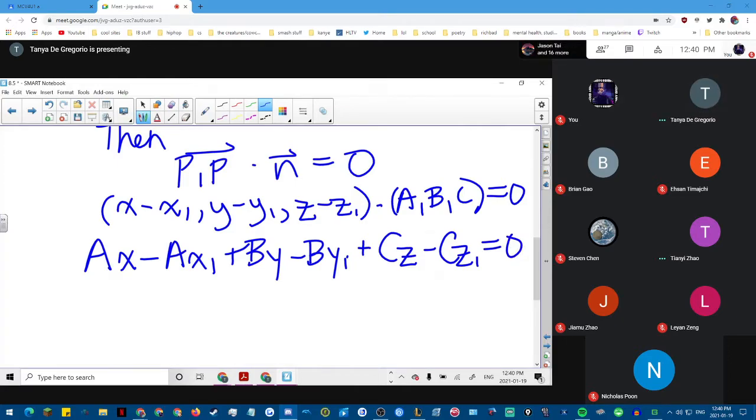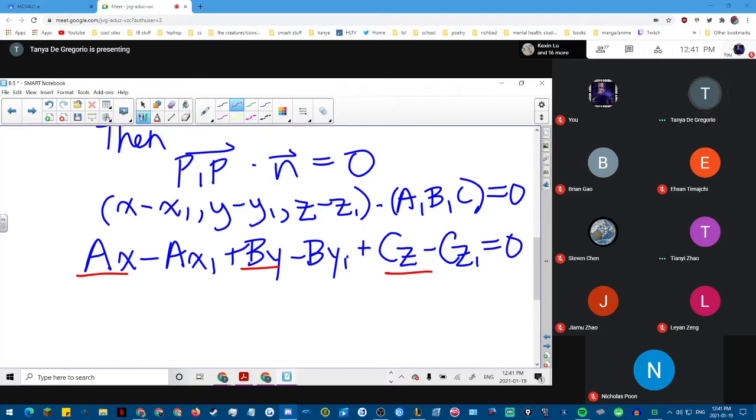Okay, so I'm going to tell you what I'm trying to do here. I want to develop the scalar equation of a plane, or the Cartesian equation of a plane. So that's my goal here. Because I want to do that, I'm going to take what I need, which is this.